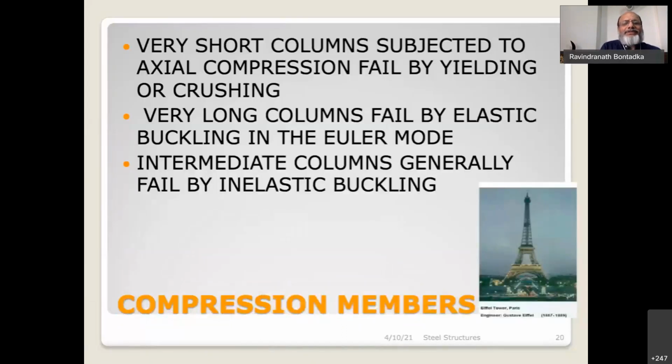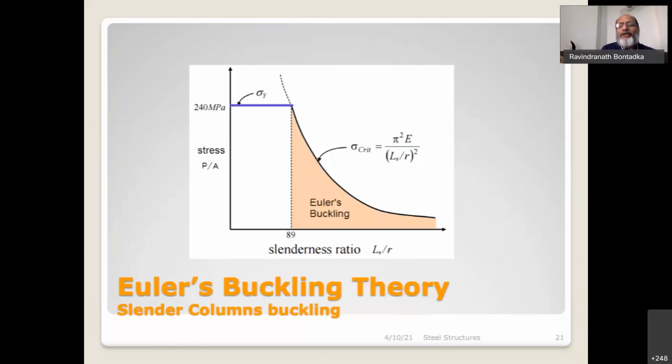Now, coming to the next one: a very short column subject to axial compression fails by yielding or crushing, that is, by the compressive load, while very long columns fail by elastic buckling in the Euler mode. Intermediate columns generally fail by inelastic buckling. So we consider these long columns. Many times for the long column, Euler's buckling theory is very significant.